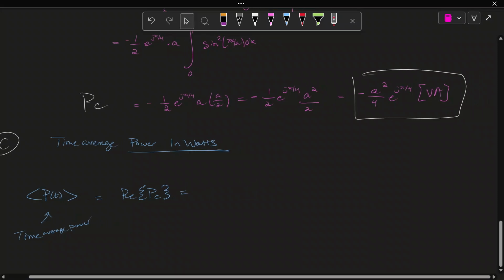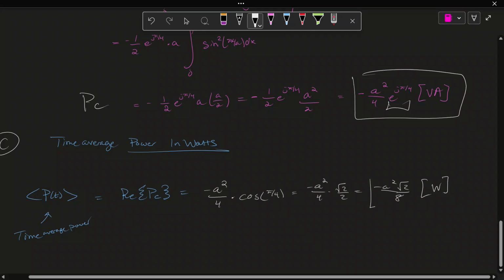The real component is equal to, remember how I said before, the Euler's identity of our complex power. This is equal to negative a squared over 4 times the real component of Euler's identity, which is cosine of our phase angle, pi over 4. So negative a squared over 4 times root 2 over 2. So this is negative a squared root 2 over 8. And this is in watts. Do not forget your units here.